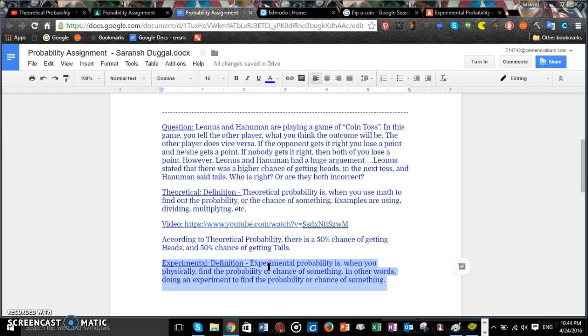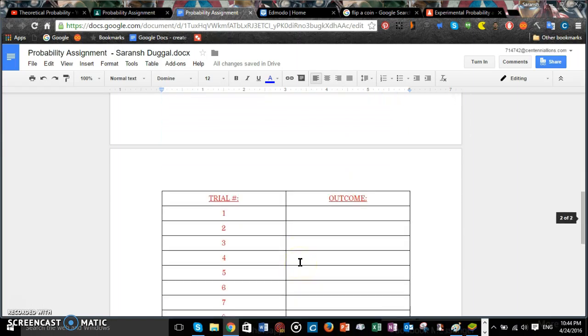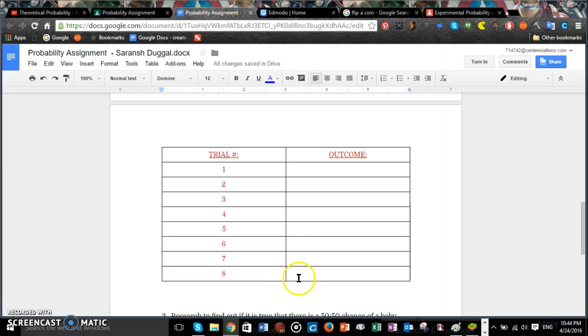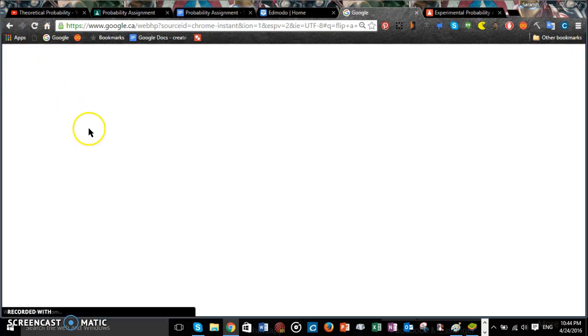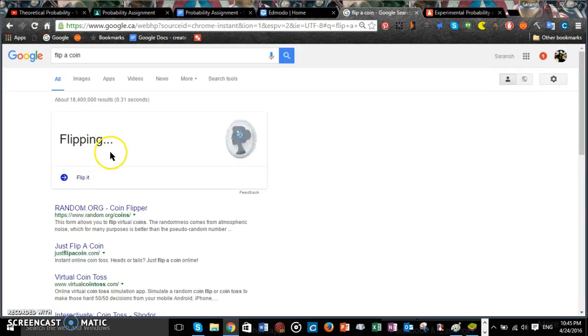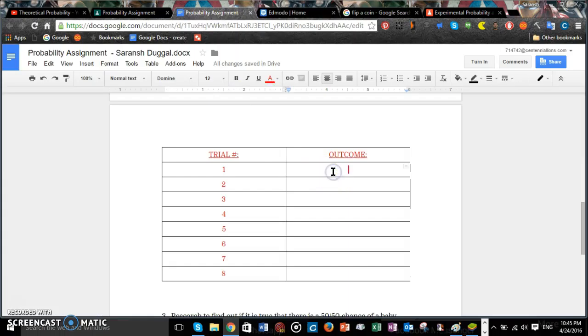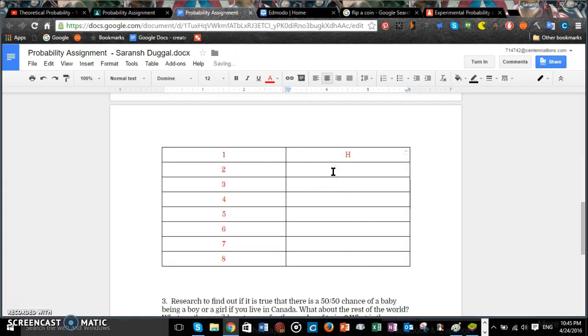So I have created a chart here in which we're going to be tossing the coin 8 times. So here's an online coin tosser. So to refresh the page, and it's flipping, and heads. So in the first outcome we write heads.